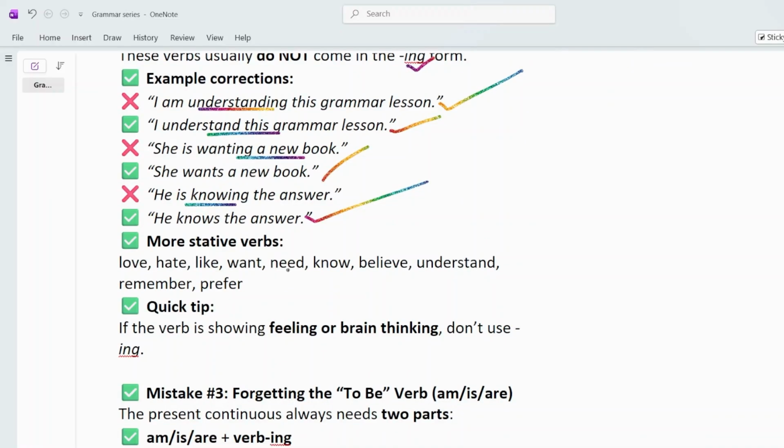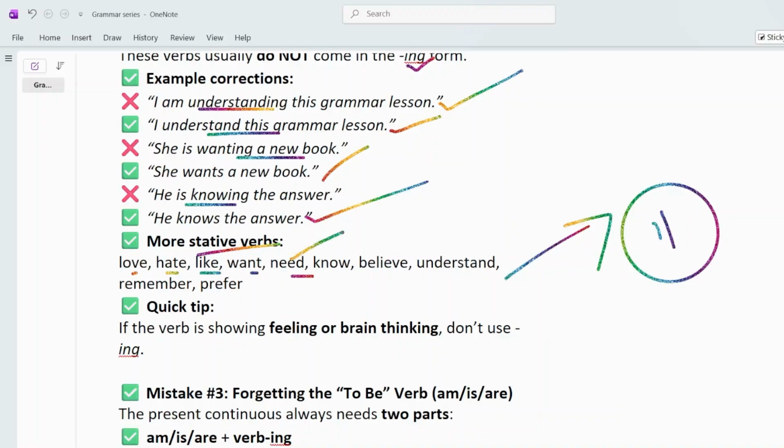As I already told you, there are some stative verbs that you really need to keep in mind. Here, your memory comes into play. You need to memorize these stative verbs, and know that here I will not be using present continuous tense, at least at the start of the topic. The stative verbs are love, hate, like, want, need.